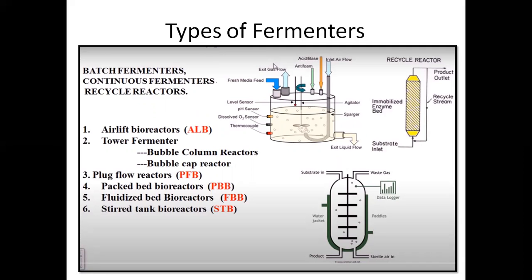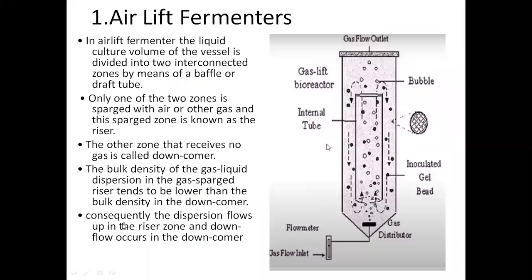The configurations that can be utilized in different fermentations, the basic types of fermenters, are the airlift bioreactors, tower fermenters, which include bubble column reactors, and plug flow reactors, in which the system is not a liquid system, it is basically a semi-solid system which is flowing in a unidirectional flow. Then we have packed bed bioreactors, fluidized bed bioreactors, and the stirred tank bioreactors, or the continuous stirred tank bioreactors. So let us start with the first type, that is the airlift fermenters.